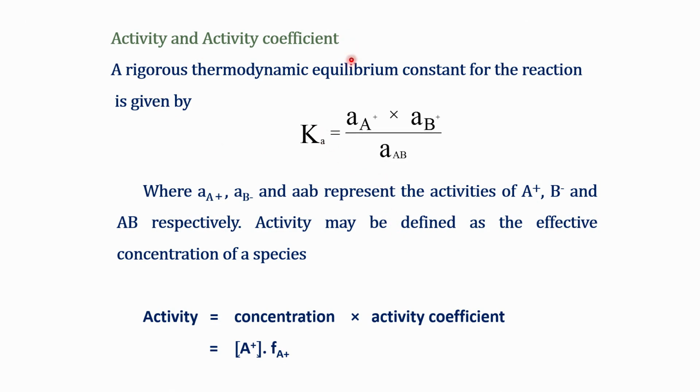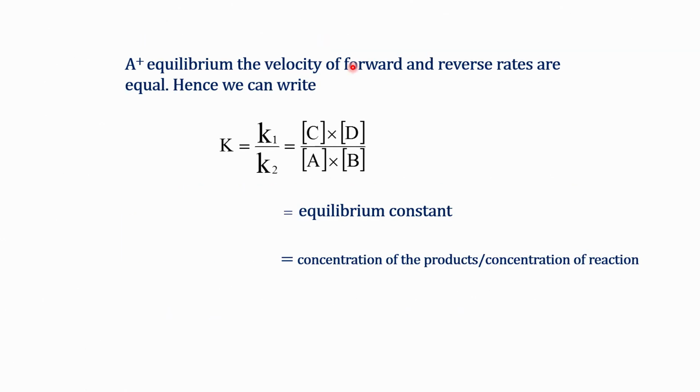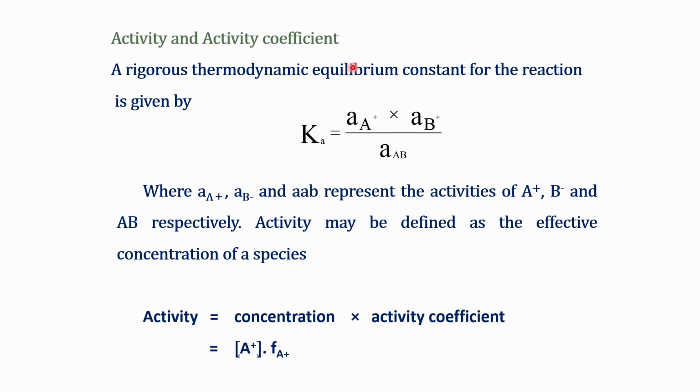Okay. So, I define now another concept, that is activity and activity coefficient. Here in the previous equation we had written concentrations in square brackets, is not it? That is the equilibrium constant, but it is not actually the concentration calculated from the existing system.